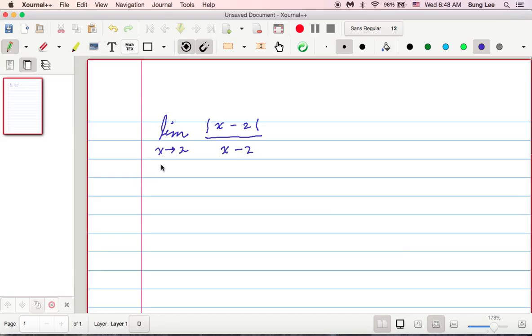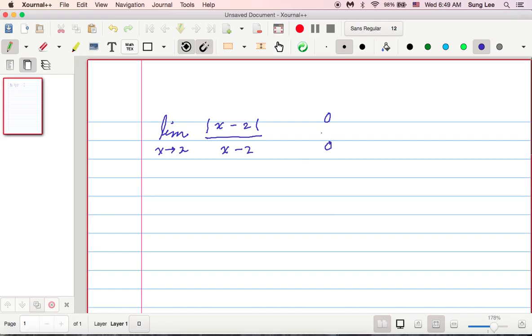Okay, so before we continue, let's see what happens when x approaches 2. What happens to the numerator and the denominator? We did that before. When x approaches the number 2, the numerator gets closer to 0. The bottom part also gets closer to 0.